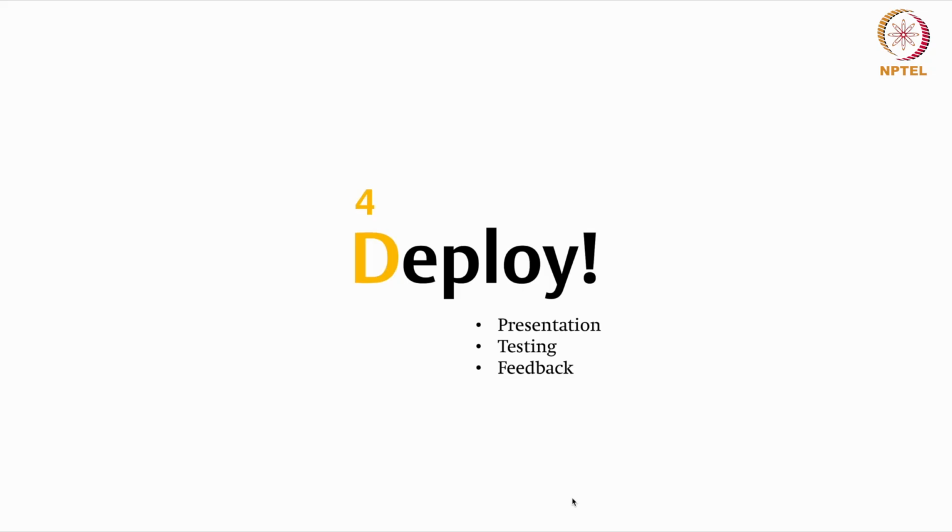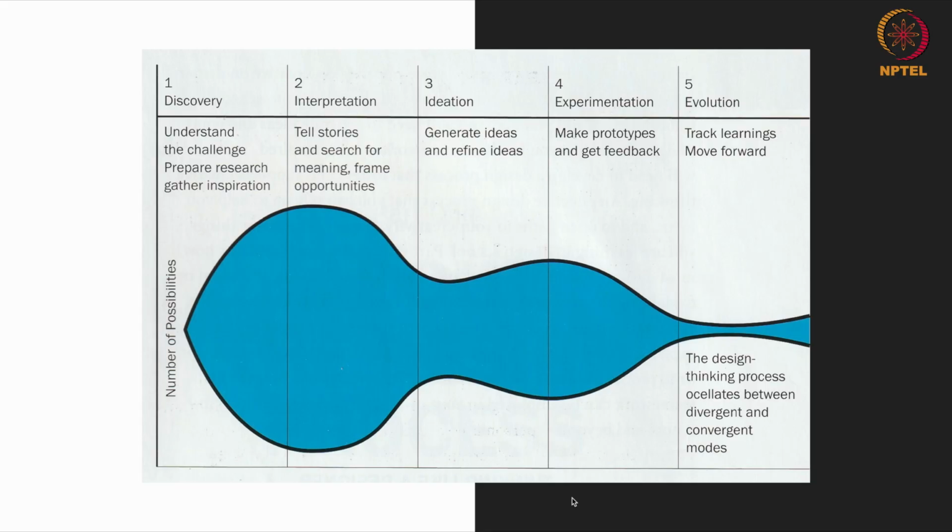And then after the feedback, you come back and then redefine the problem, or maybe rework the solution, and then make it perfect and suitable for the context and user. So if you look at this process of discover, design, develop, deploy, it oscillates between divergent and convergent modes.